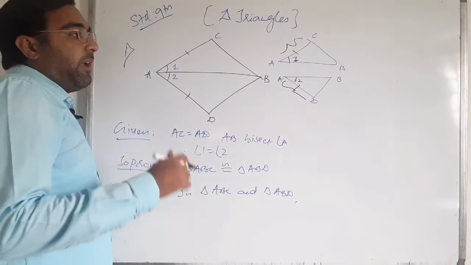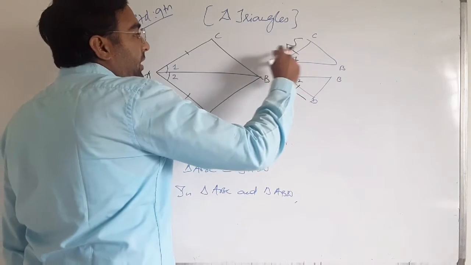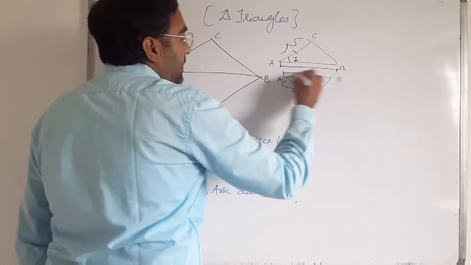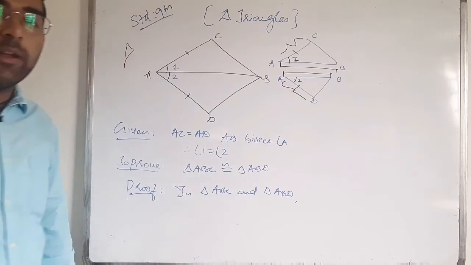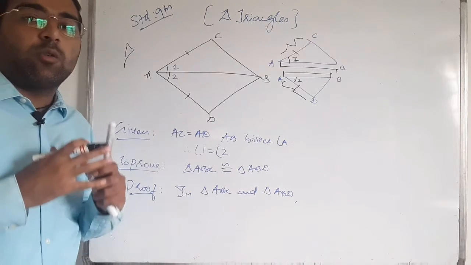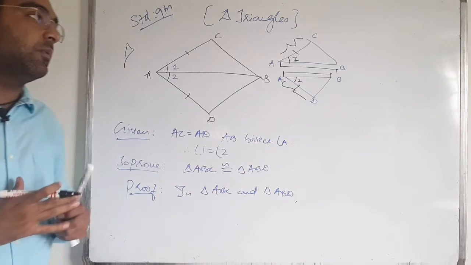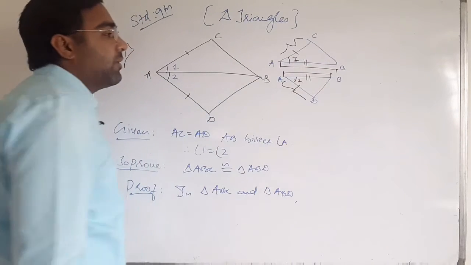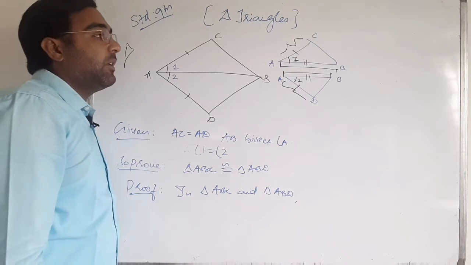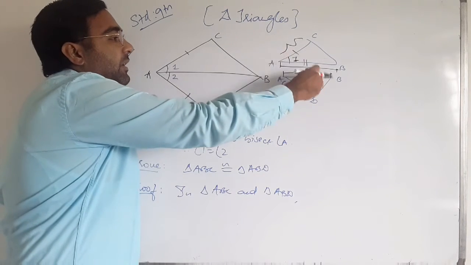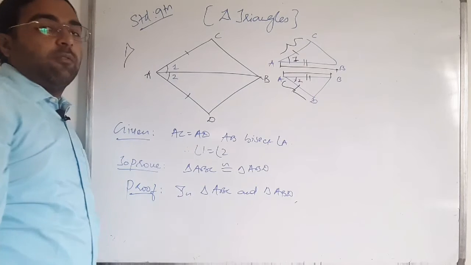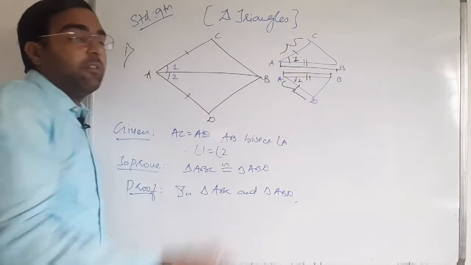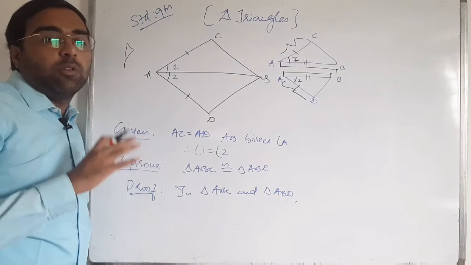And one more side in triangle ABC and triangle ABD, AB and AB, is common to both triangles. So we have to write AB is common in both triangles.